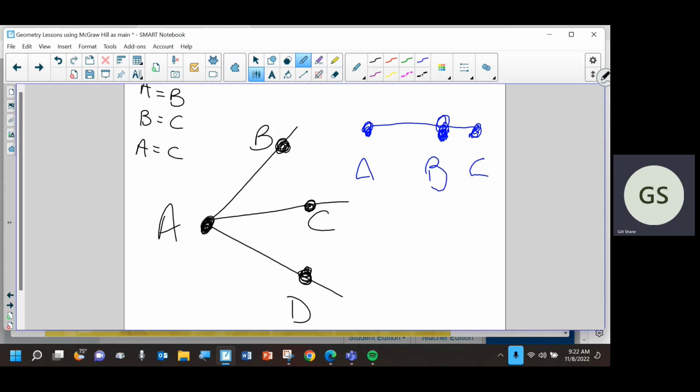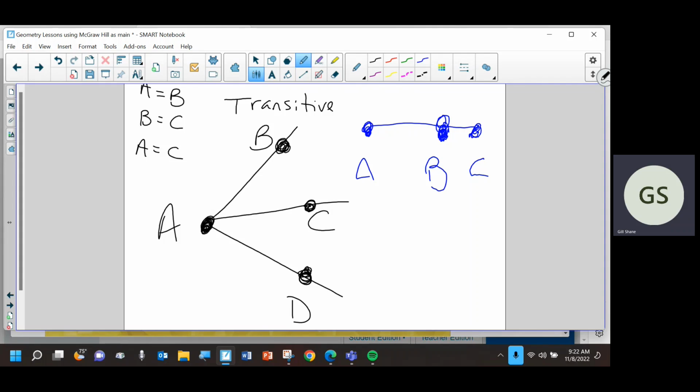Like I said, if you know that A equals B, you could substitute in for B, A, and you would get A equals C. Again, if you're not seeing substitution as an option, transitive property works. It's basically substitution. All right. So what's the only statement we can make then from these angles? BAC, CAD. What's the only statement? Or BAD.